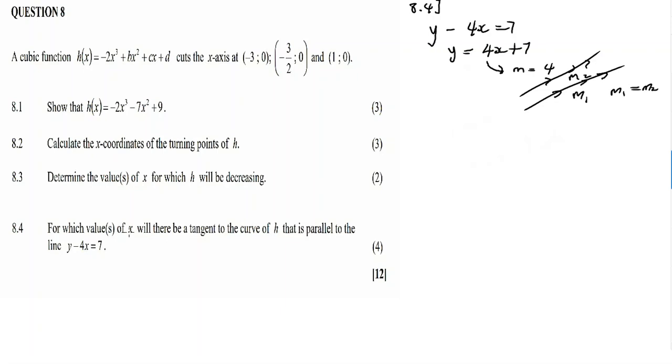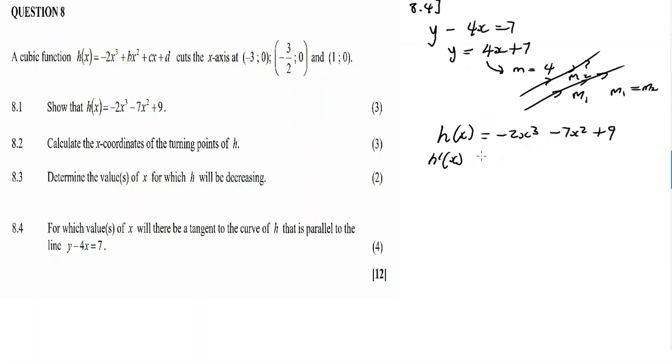So for which values of x will there be a tangent to the curve of h that is parallel to the line, right? For the curve h, its first derivative gives the gradient of the tangent. So h of x equals negative 2x cubed minus 7x squared plus 9.